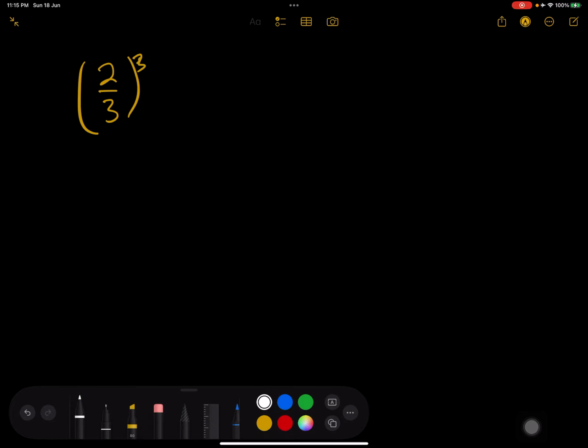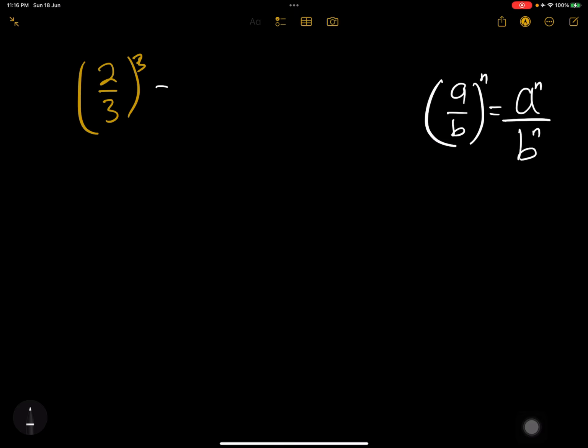Now, we have another problem. Imagine we have 2 divided by 3 all to the power of 3. We're going to apply a rule that we did the other time. If you have a divided by b all to the power of n, we said it's the same as the numerator a to the power of n, divided by the denominator b to the power of n. So we're going to do the same thing. The numerator is 2 to the power of 3, divided by the denominator 3 to the power of 3.